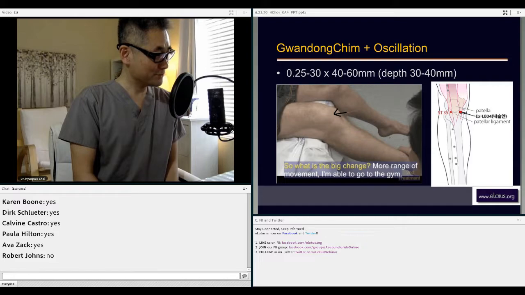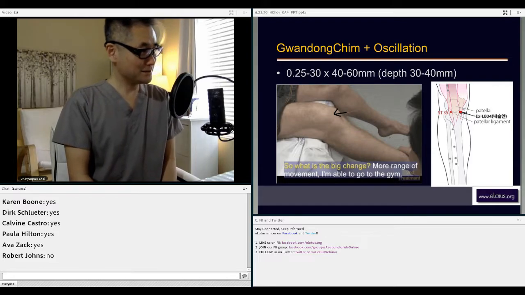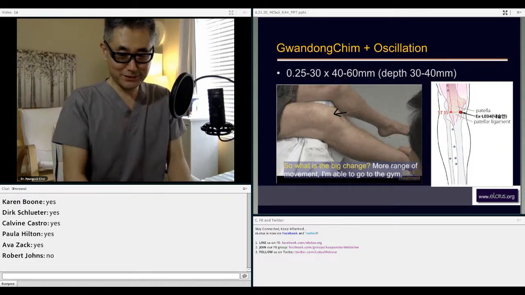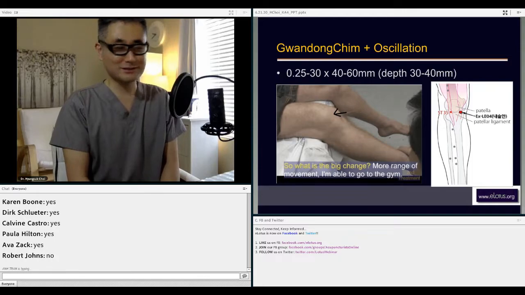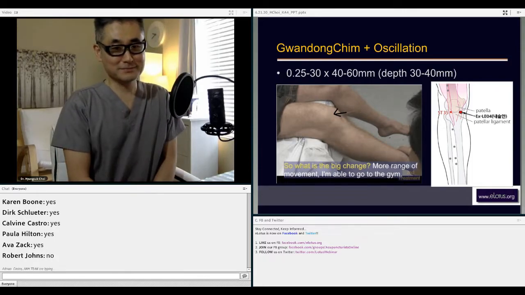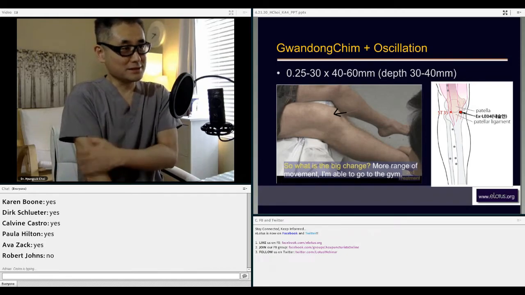Why is my treatment different? DR means doctors, is that right? Then I can say my treatment is quite popular in Korea. Many acupuncturists in Korea practice this kind of technique, the oscillations.